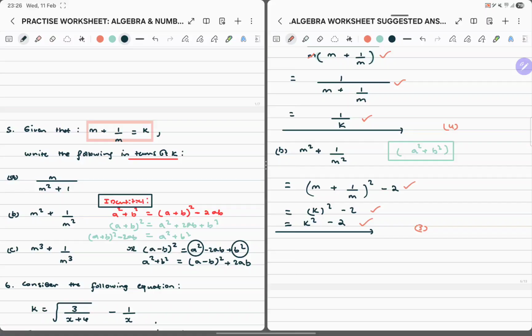Okay, guys, remember these things. These identities are your friend. Don't forget them. Yes, you can remember them if you want, or create them.